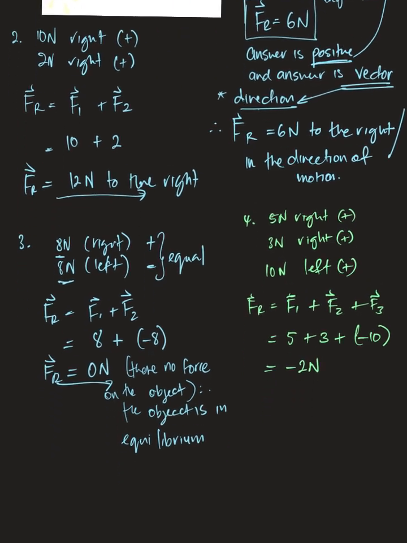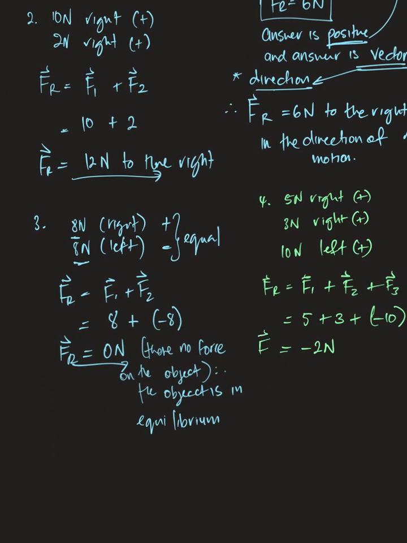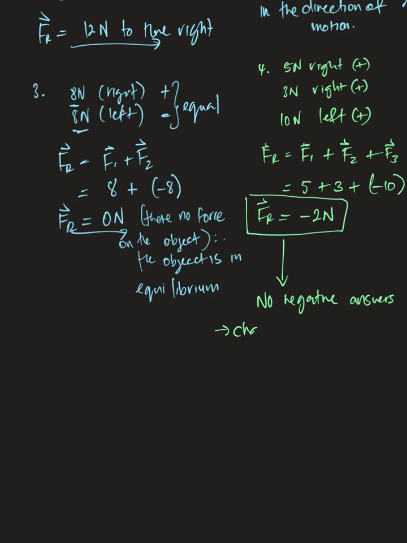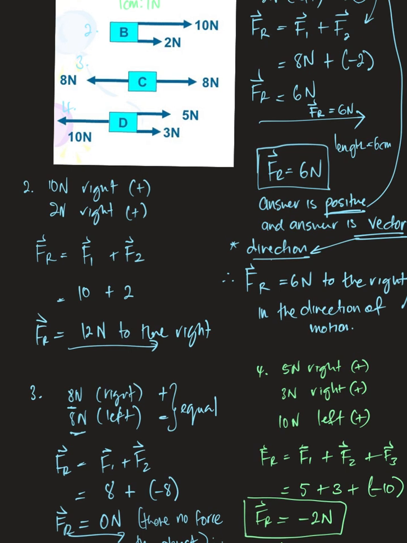Right. Now, this is important. I cannot leave my answer as a negative. So I must make a note. No negative answers. What I have to do is, I must change it to positive, and then I must add in the direction. Because what's actually happening here is I've got this 5 here and this 3, and they're pulling, but there's a bigger force here, the 10.